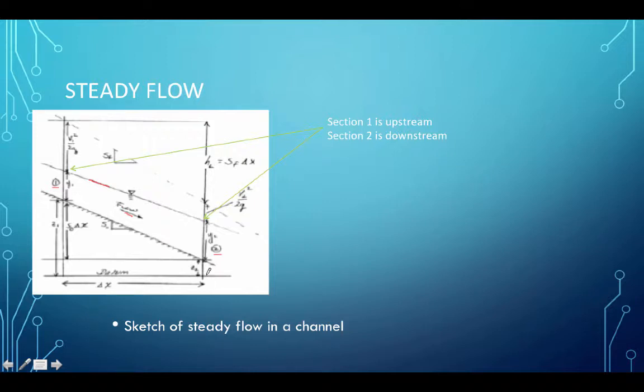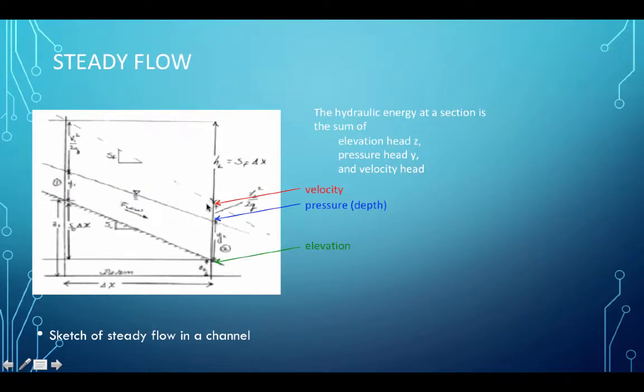At section 2, its total head will be the elevation to the bottom, plus the flow depth, plus the velocity head. The hydraulic energy at a section is the sum of these three components: elevation head, pressure head, and velocity head. I've drawn them here in green for elevation, blue for the pressure, which is the flow depth, and red for the velocity head component.